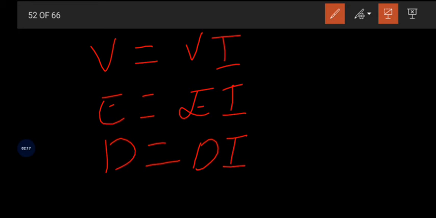So similarly, vital items in the sense are those without which the production process would come to a standstill. I will give you the example later.